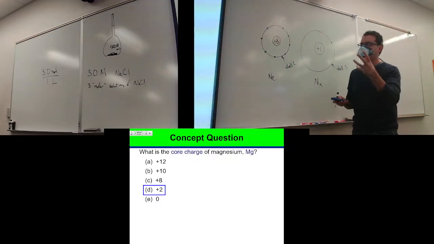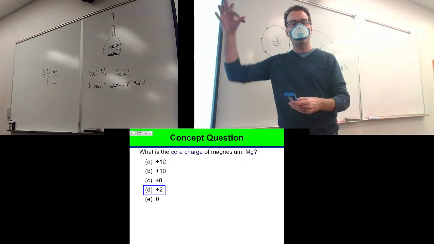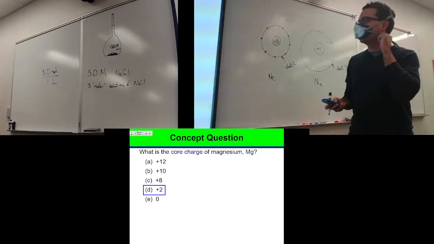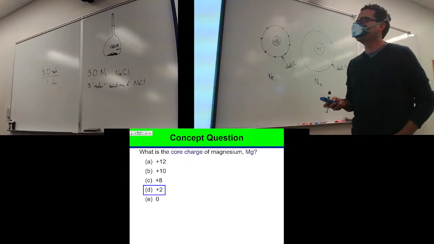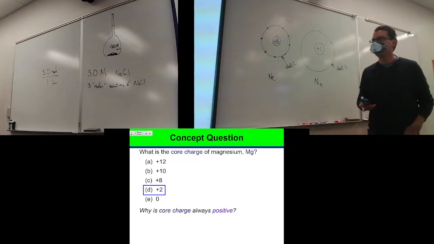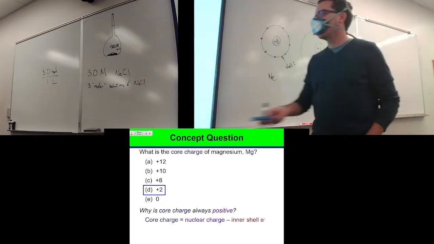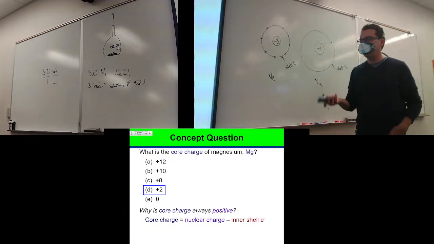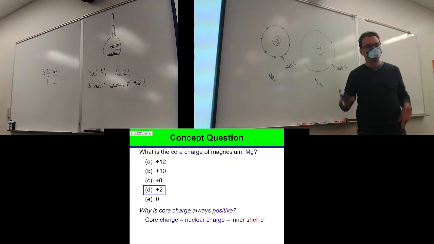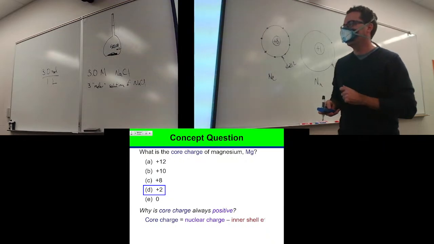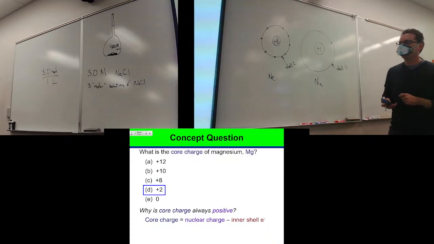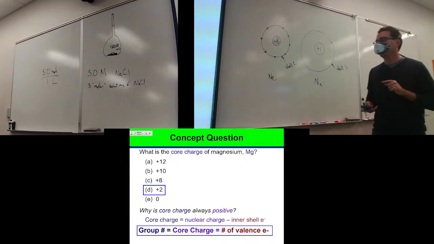So that +2 core charge is balanced out by the 2 valence electrons, okay? That's why it's got a 0 overall charge. But the core charge is +2. And the core charge is always positive because we're always doing nuclear charge minus the number of inner shell electrons, okay? You're never going to have more inner shell electrons, ever. So it's always going to come out positive, if it exists.